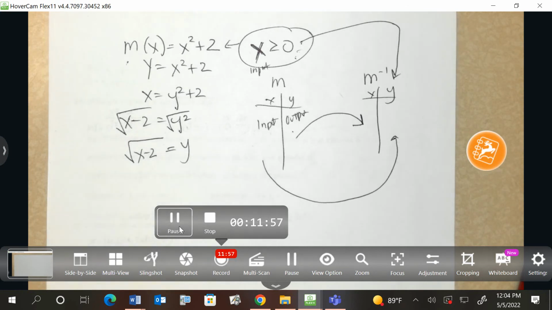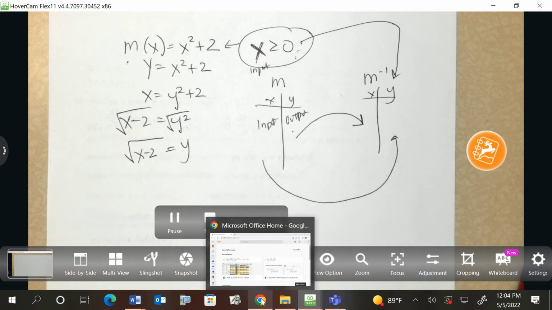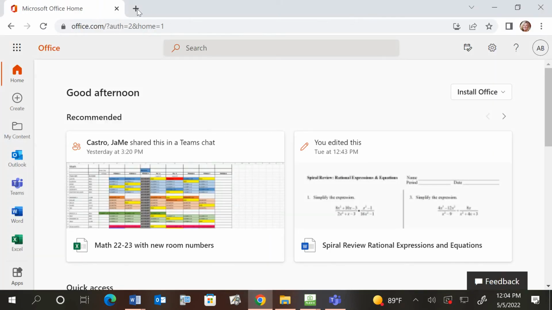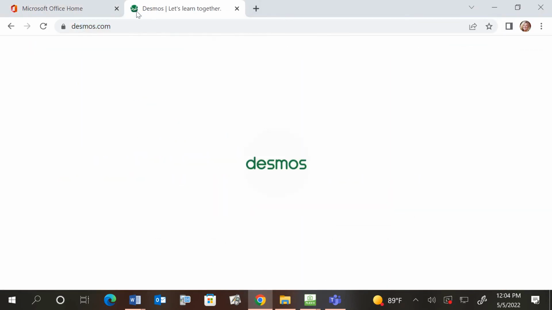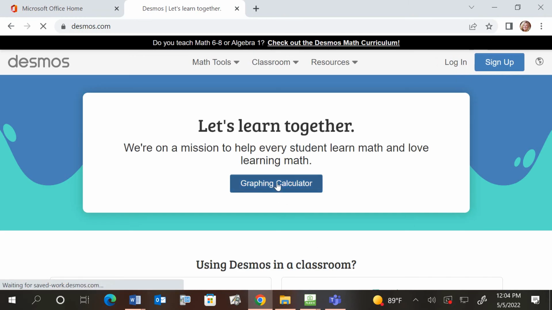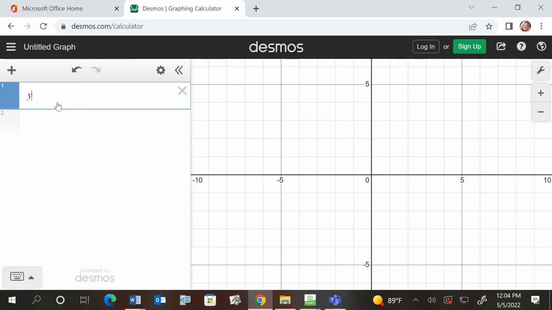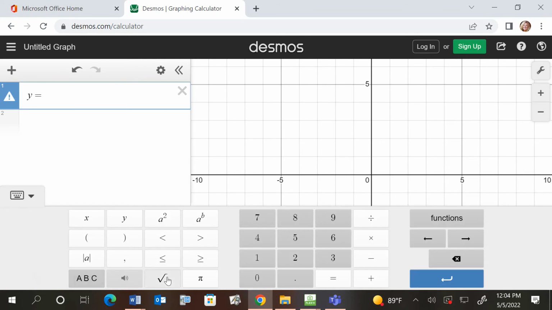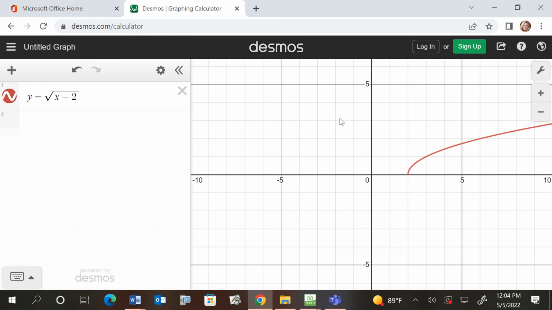So here's what I'm going to do. I'm going to take this and graph it. I'm going to go up to Desmos and graph what we have. So we have y equals, and we find the square root down here. There's our square root of x minus 2. So here's what I have. And now I need to provide the domain.